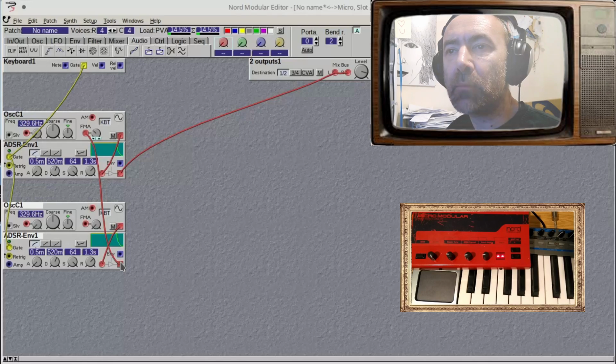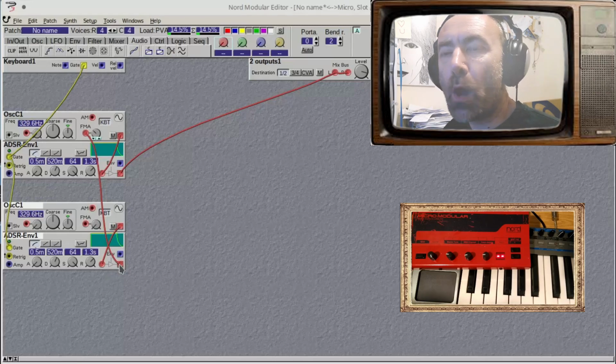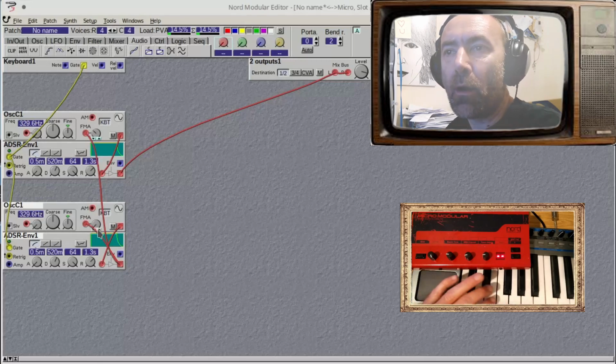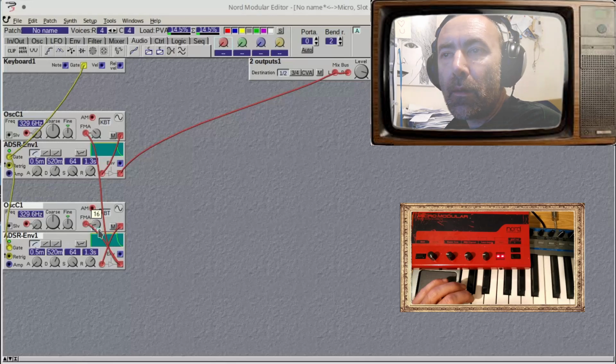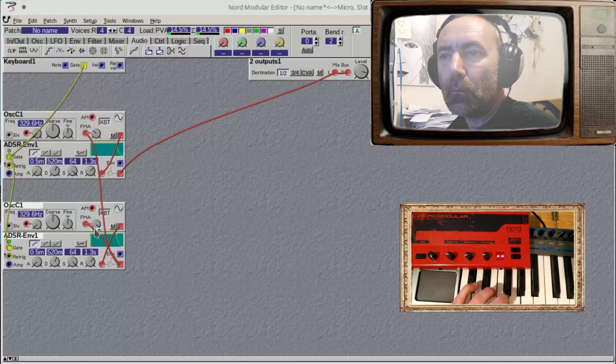One of the ways that you can make a slightly more interesting algorithm out of 2 operators is if you feed one of the operators back in on itself. So if I take the output from here and put it back in to the FM envelope, and then we open that up, you can hear that changes it, gives it some overtones, higher pitched overtones up there.